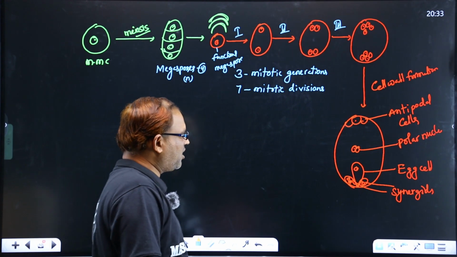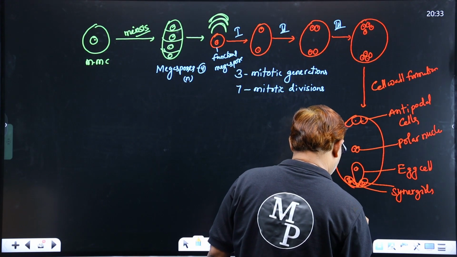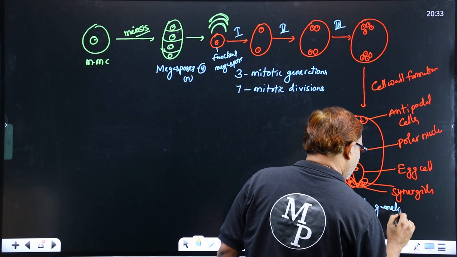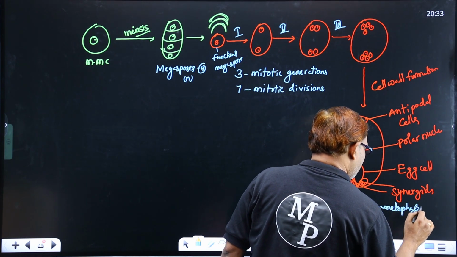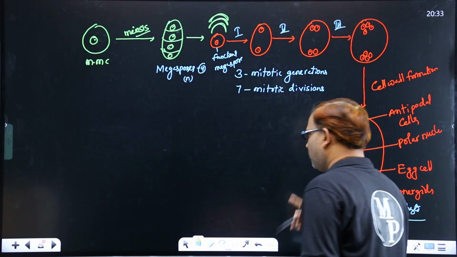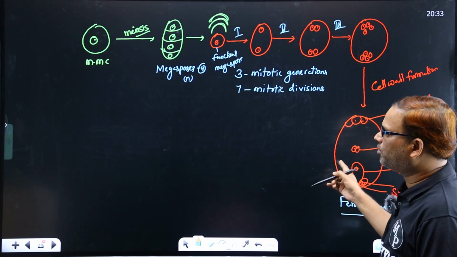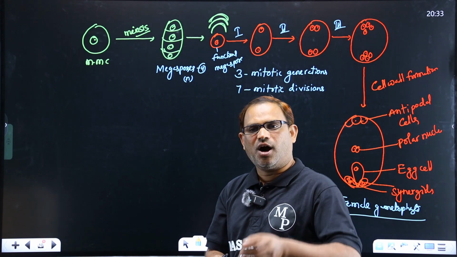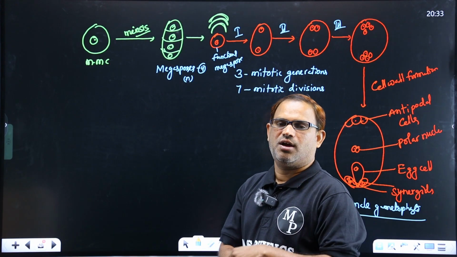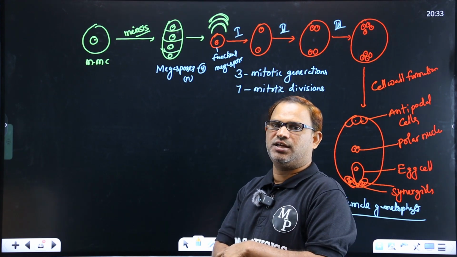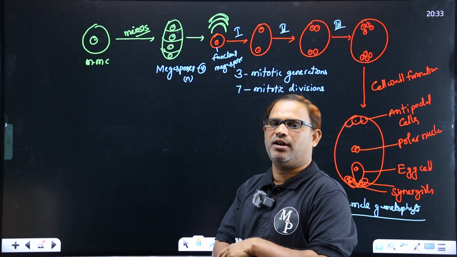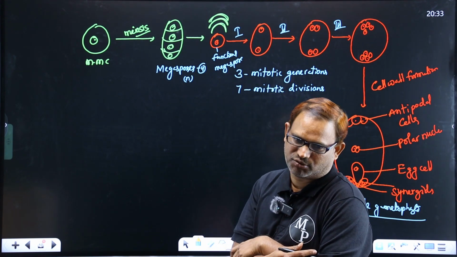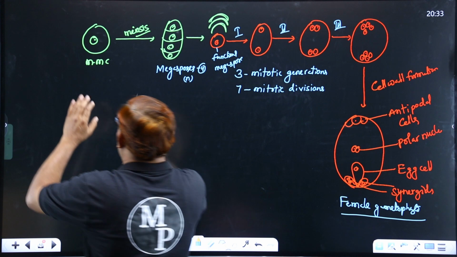The question is: for the formation of the female gametophyte or embryo sac from the megaspore mother cell, how many meiotic divisions, how many mitotic generations and how many mitotic divisions take place?